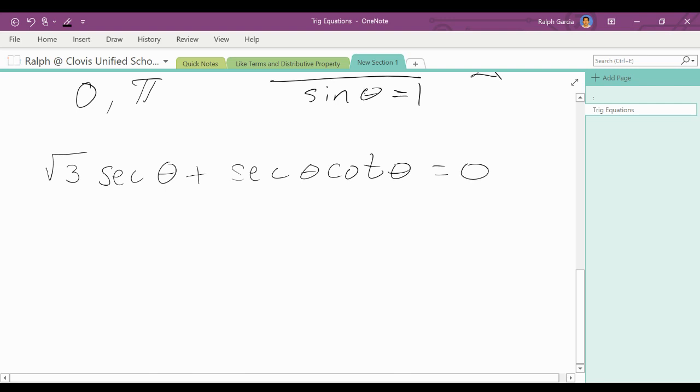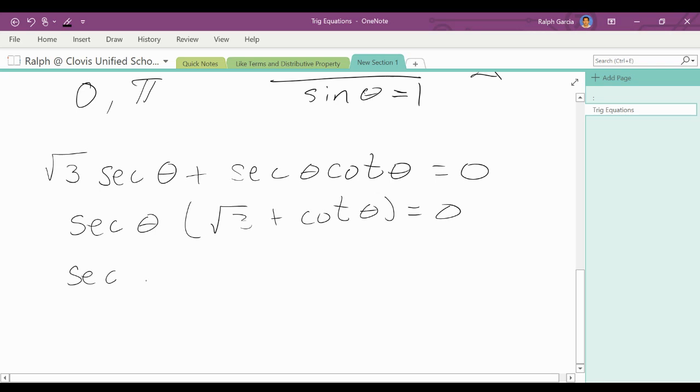This one is already set equal to 0, which is nice. So all I'm going to do is see if there's any kind of factoring, and I can factor out a secant theta, leaving root 3 plus cotangent theta.